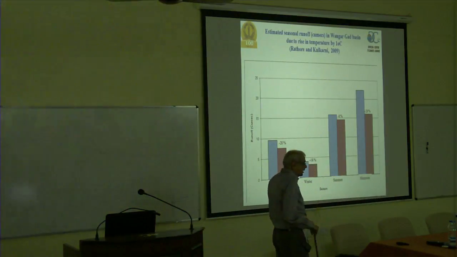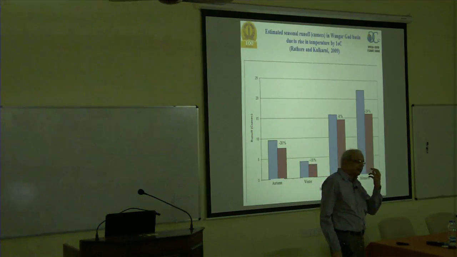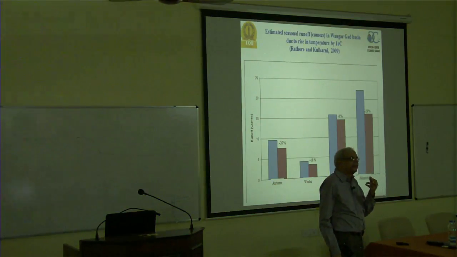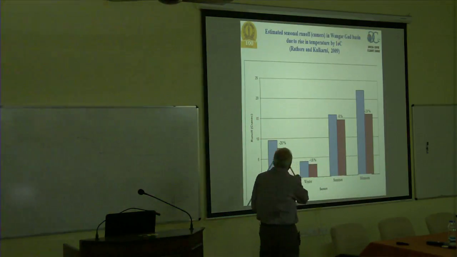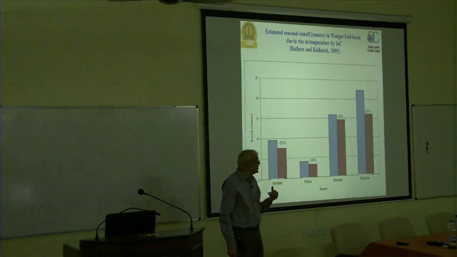So in this way, you have a handle on what processes are taking place in the mountain and how much impact each process will have. You can do that. And autumn, because it is significantly dominated by glacier melt, is also going to change.